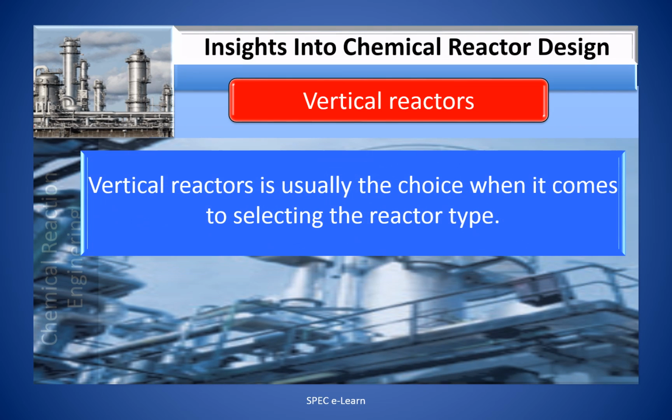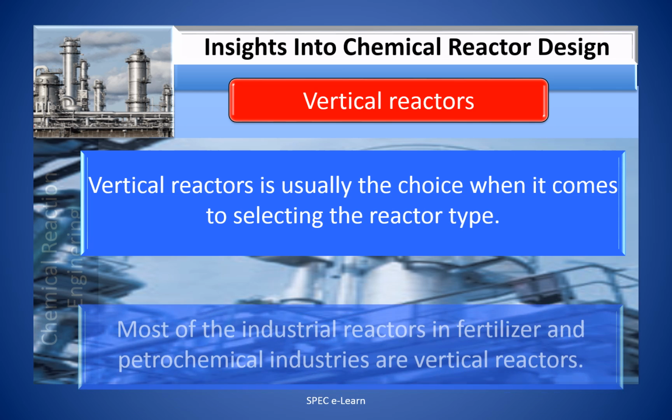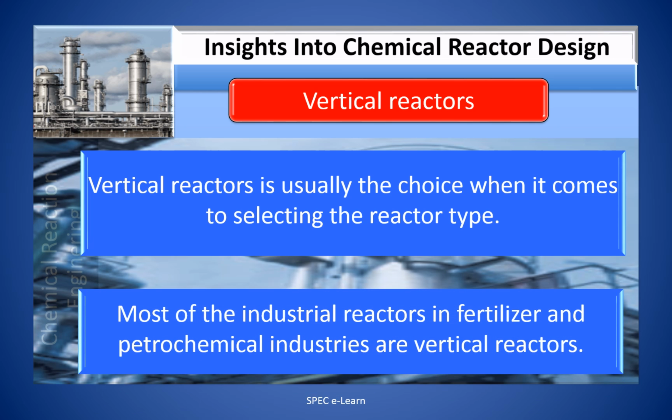Vertical reactors are usually the choice when it comes to selecting the reactor type. Most of the industrial reactors in fertilizer and petrochemical industries are vertical reactors.